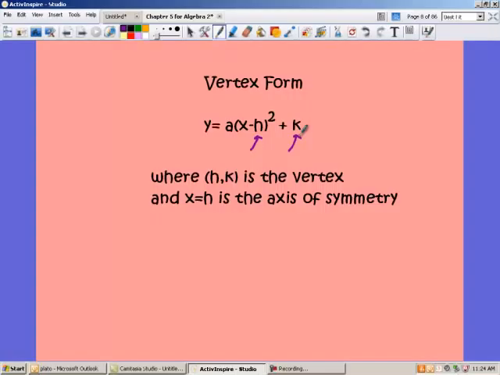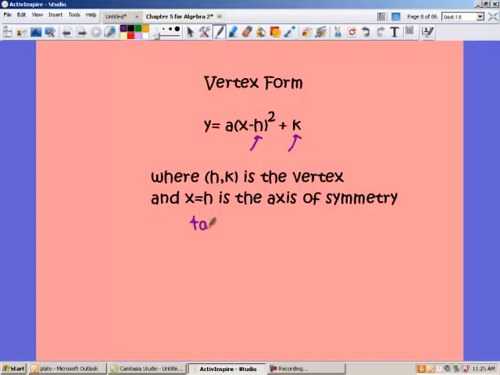Now, there's one thing to remember though. Because this has to follow the same exact pattern, the x minus h, a little shortcut that I learned is just always take the opposite of what your h is here. So why don't you write that down in your notes if you're taking them.